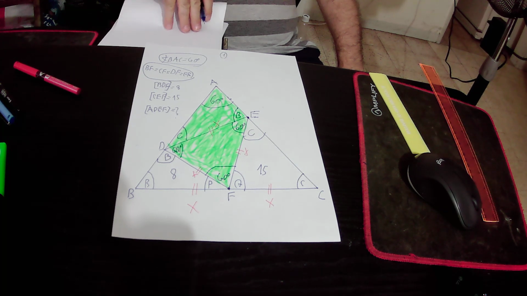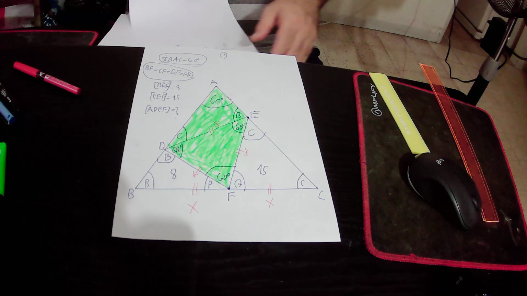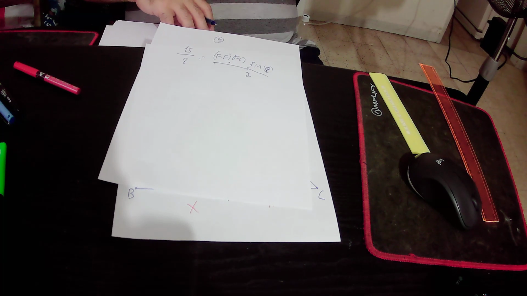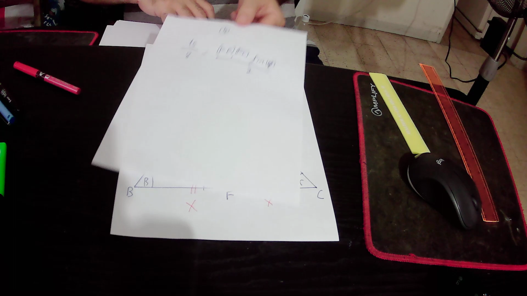Okay, so the area of triangle EFC according to the new formula will be equal to FE times FC times sine Q over 2.